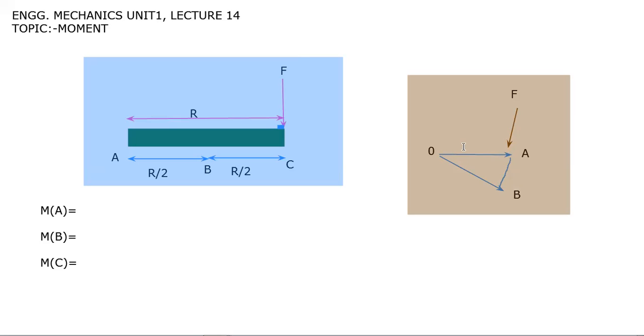What will be the exact moment? That depends upon the radius, right? The door is rotating in a circular manner, so that circle will have a radius. Therefore this force multiplied by the radius will be the moment.